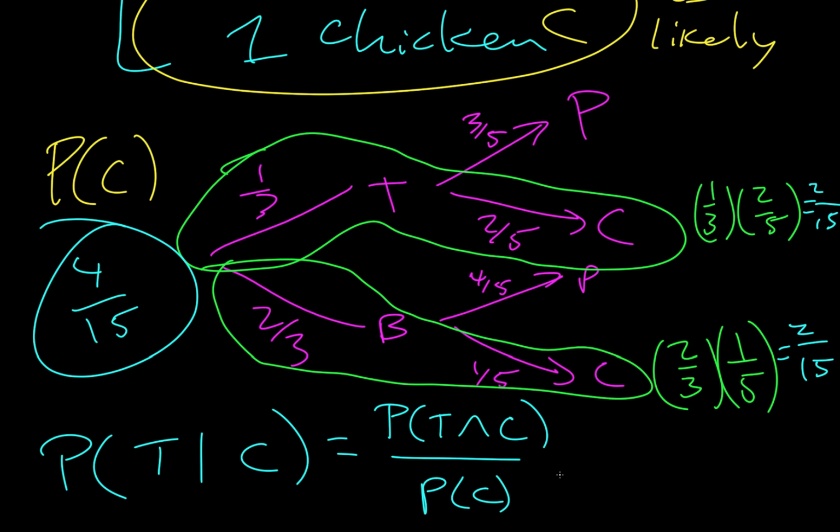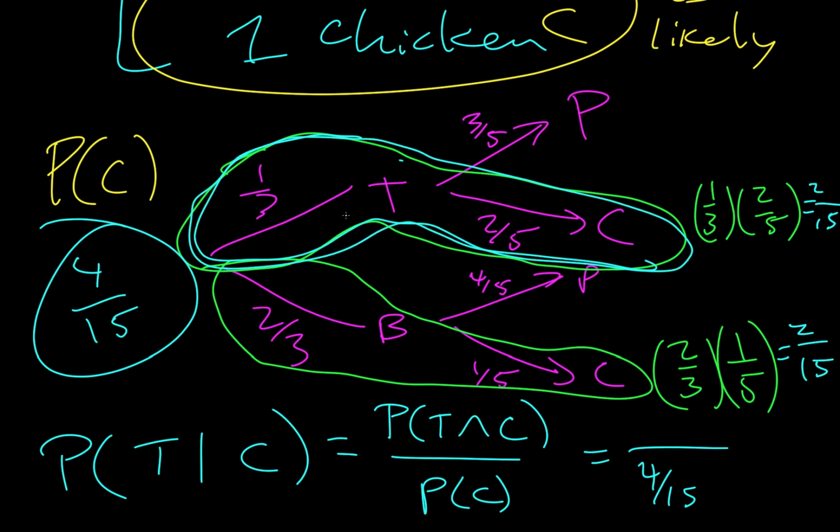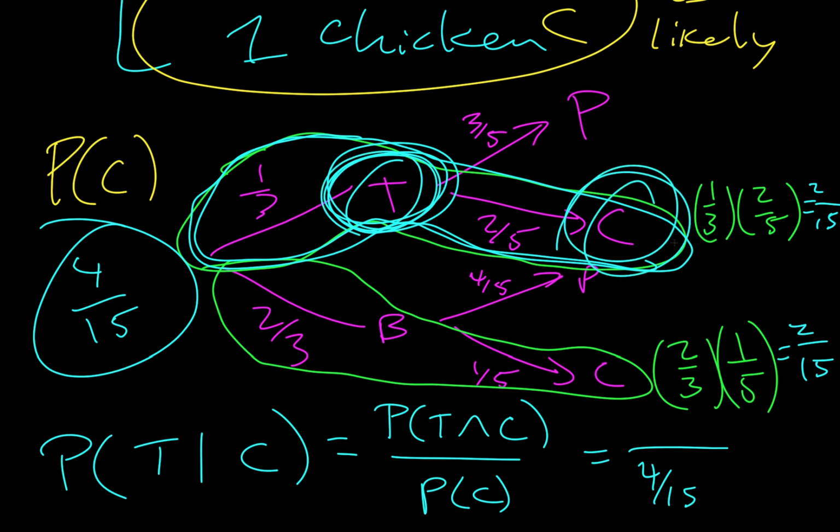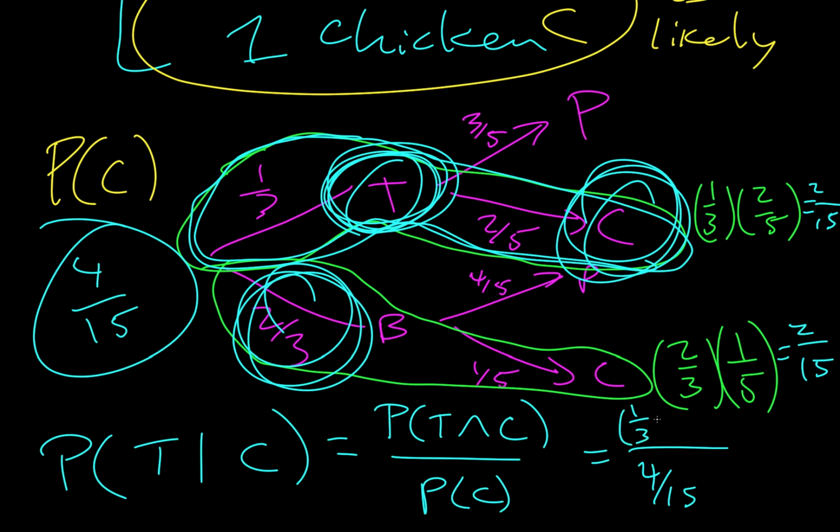Now, since we already found the bottom right here, P of C is right there, we can just write that into our formula. And now, if we want to see probability of top given chicken, that's essentially just asking for this one, because that's top given chicken, because we know that this isn't going to occur, and so we just need to do 1/3 times 2/5 to find that.